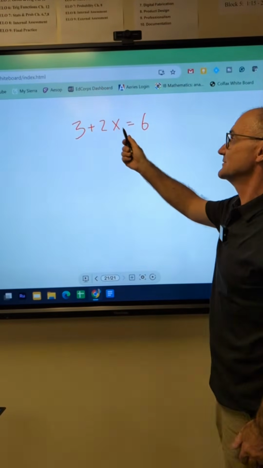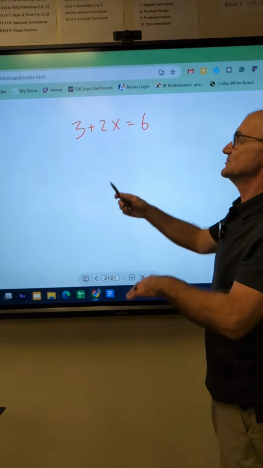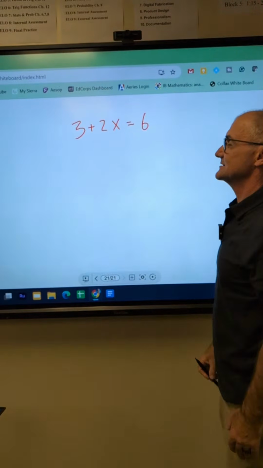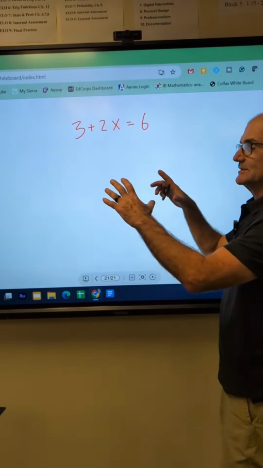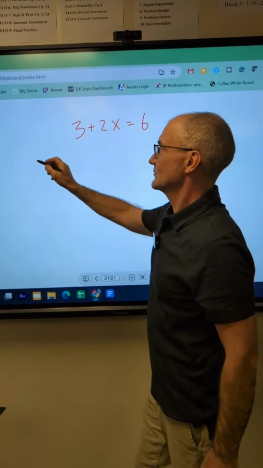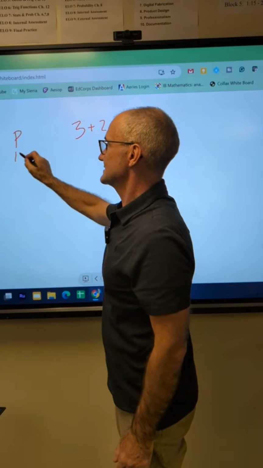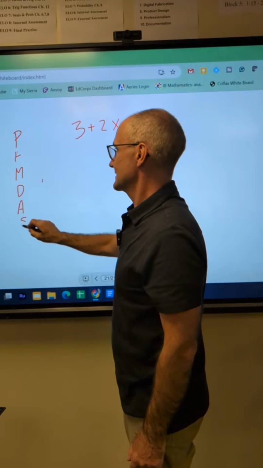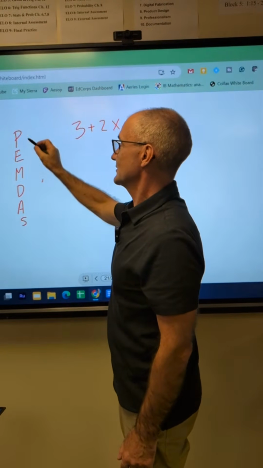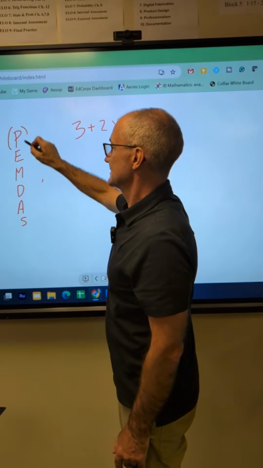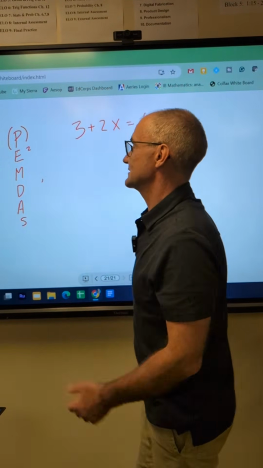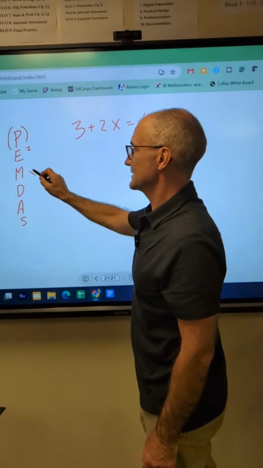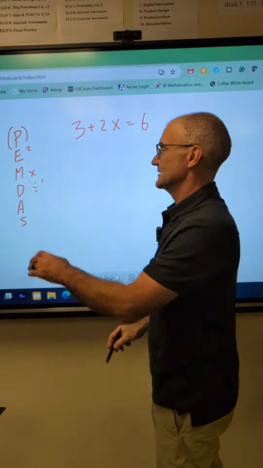So the whole idea of algebra is you have an unknown and you need to solve for that unknown. The way you get it by itself is you reverse the operations. So when we're doing evaluating expressions, we're using that mnemonic device PEMDAS. And what that PEMDAS means is you do parentheses first, then you do exponents, something to the power, then you do multiplication or division from left to right.